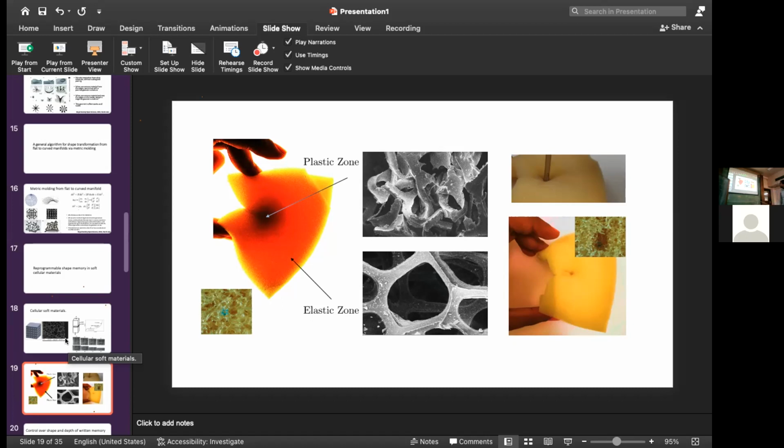So I'm calling this writing memory on top of a cellular material. And it is reprogrammable, because if I have to erase it, I have to simply remove the external stresses from the system. And if I compress it again, then this initial shape that I wrote on top of it will not be there anymore.